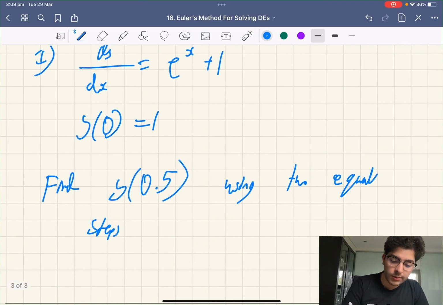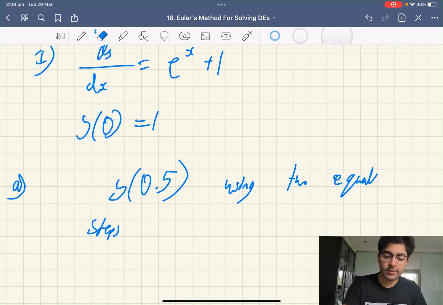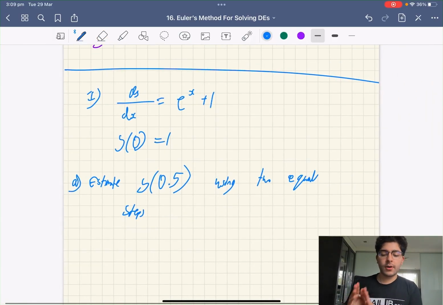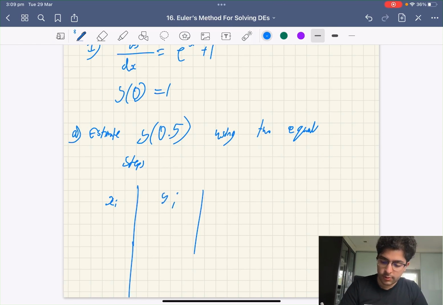I want to estimate y(0.5) using 2 equal steps. What that means is, okay, we can create a table: x_i, y_i, and the differential equation.